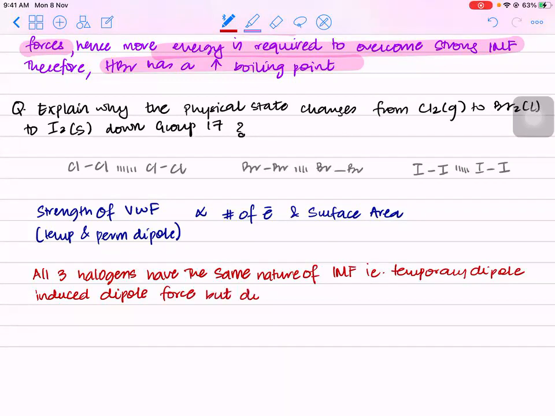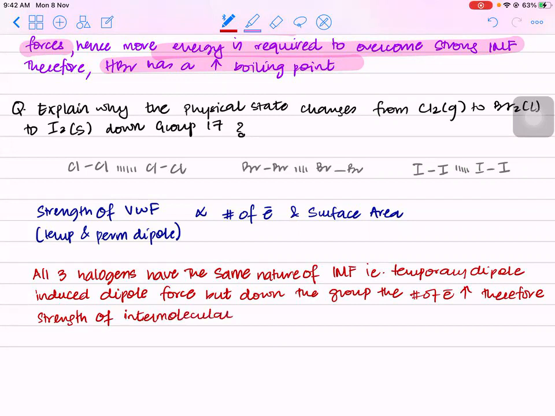But down the group, the number of electrons increase. Therefore, the strength of intermolecular force increases because strength of intermolecular force is directly proportional to number of electrons. So down the group, from chlorine to bromine to iodine, the number of electrons increase, and as the number of electrons increase, the strength of intermolecular forces increases.